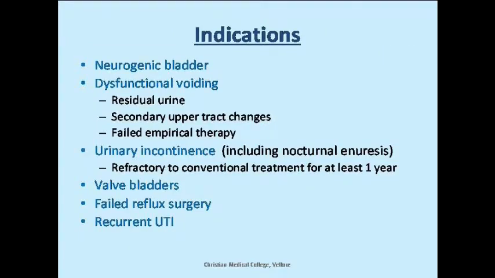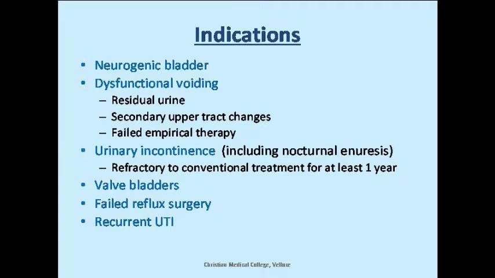Now, as alluded to already, as far as I look at it, there are 3 types of children when we do urodynamics. A child with a known neurological disease, where we want to know the effect of neurological dysfunction on the bladder. Second are the children who have known anatomical disease and they have bladder dysfunction, like posterior valve, reflux.